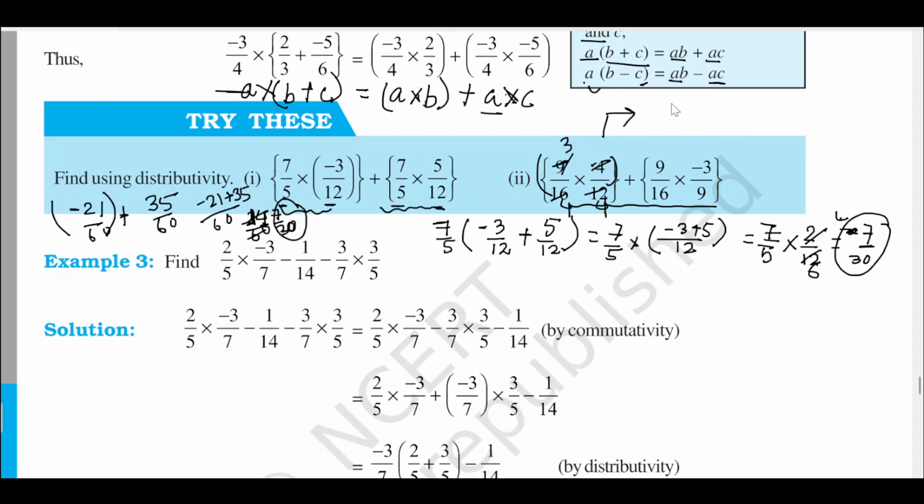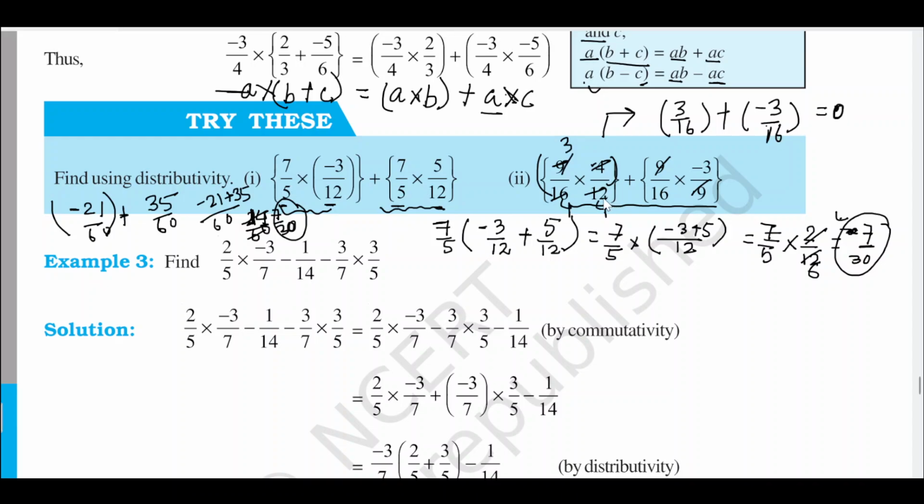Okay, so the bracket term we are getting 3 by 16 plus, this one is going to be cut out. We are getting minus 3 by 16. Okay, so it is going to be 0.